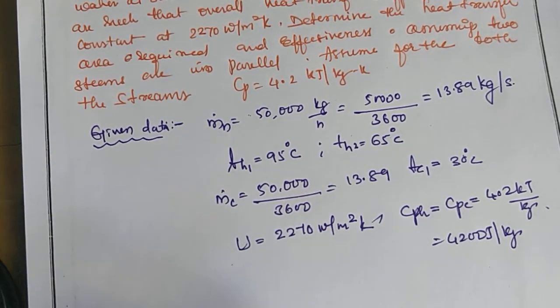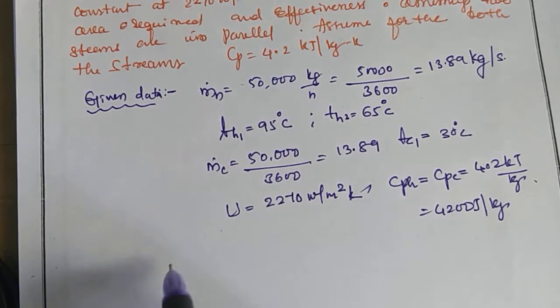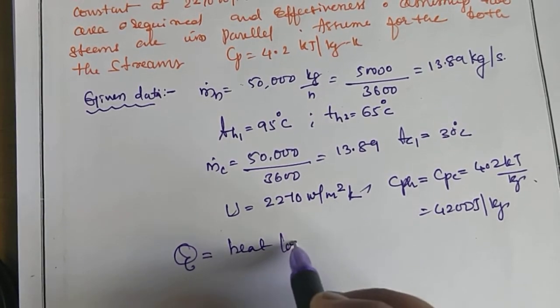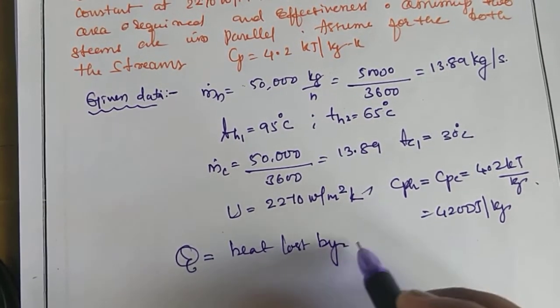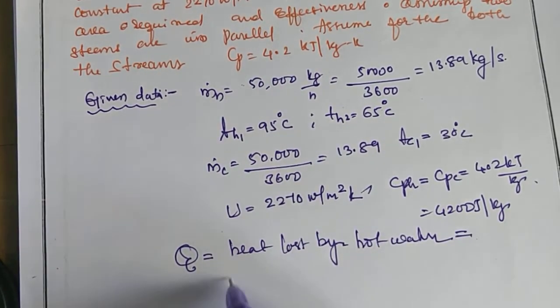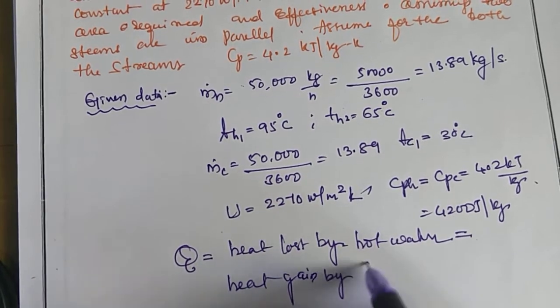Now what we have to do is find the energy balance. Already you know the energy balance: heat lost by the hot water equals heat gained by the cold water.